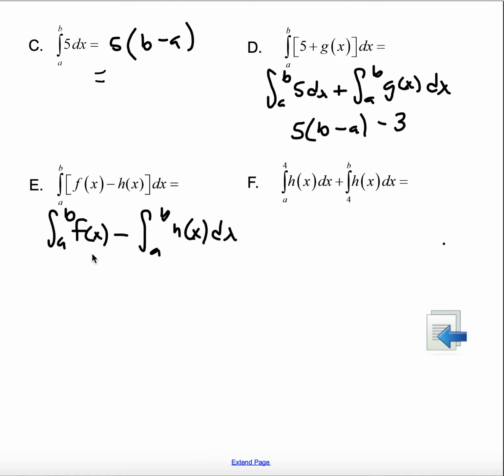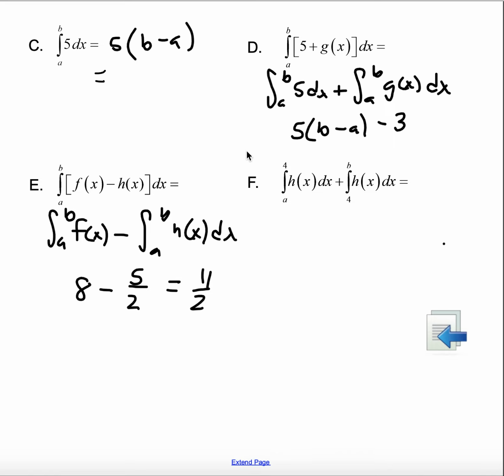If we look back, what is the integral of f of x? It's going to be 8. And the integral of h of x from a to b is going to be 5 over 2. We just do a little bit of arithmetic, and we should get 11 over 2.